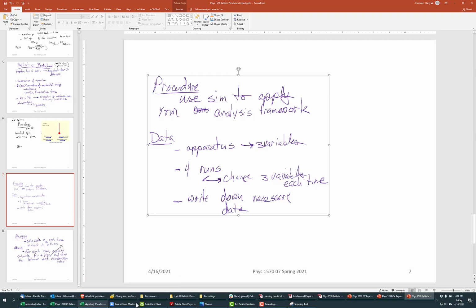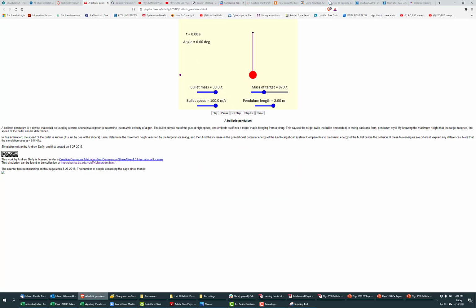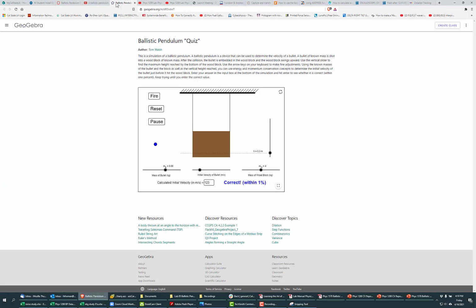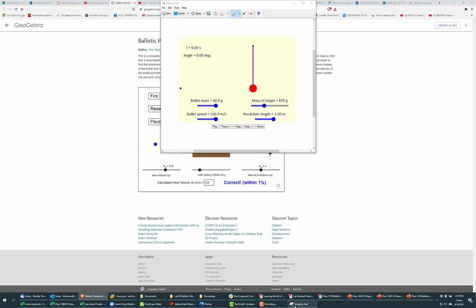Let's see, where did it go? Oh, right there. It's different tabs here. So there it is, GeoGebra. And so I'll snip this new one.